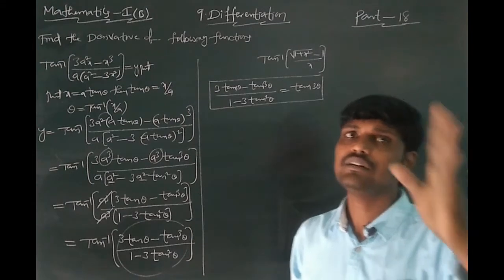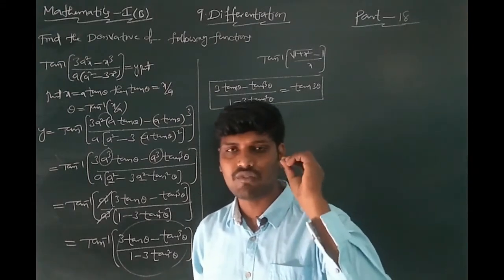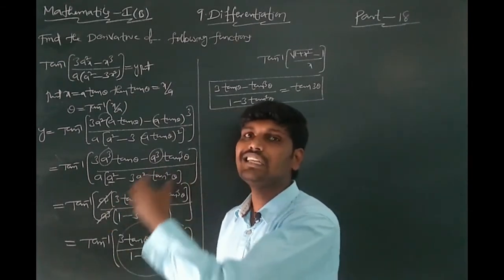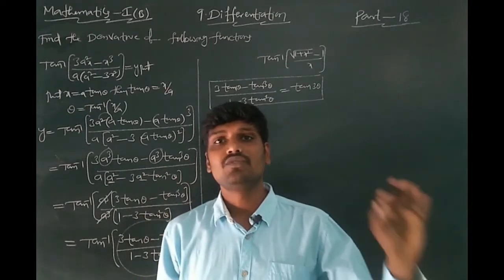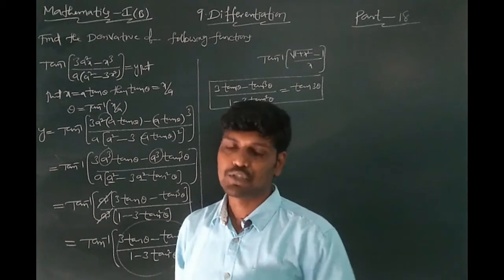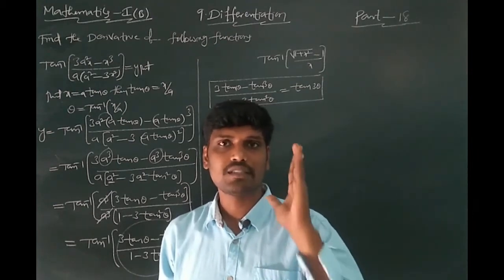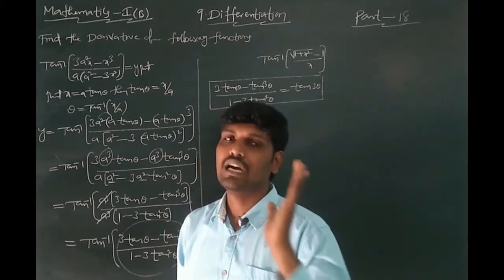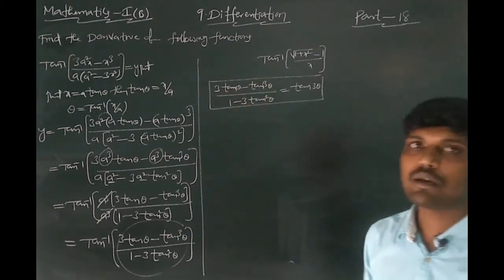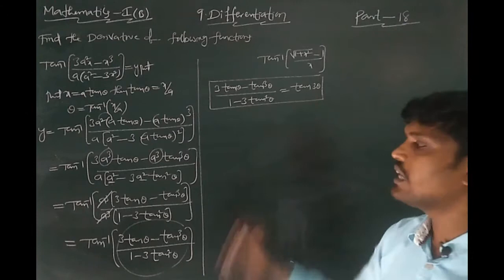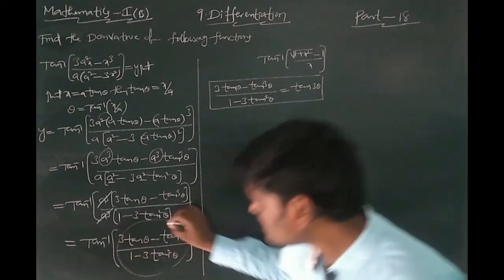You should learn trigonometry formulas perfectly, then you can easily understand this substitution method. Otherwise, it is very difficult. Here 3 tan theta minus tan cube theta by 1 minus 3 tan square theta, the value is tan 3 theta.